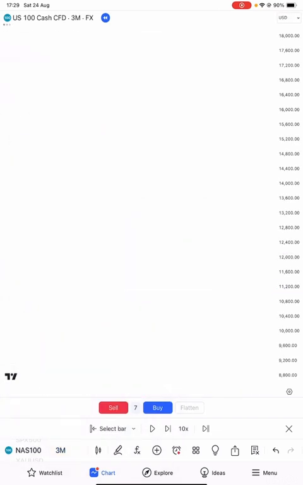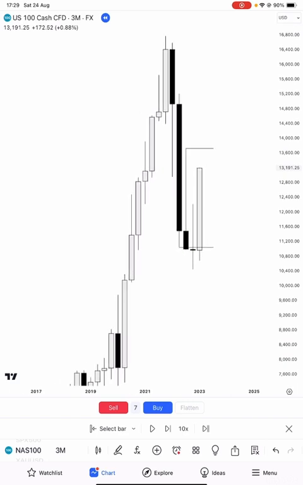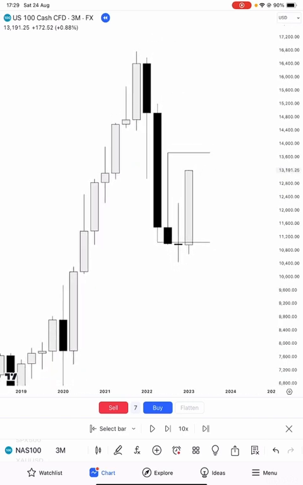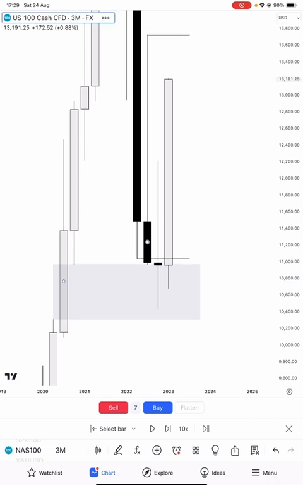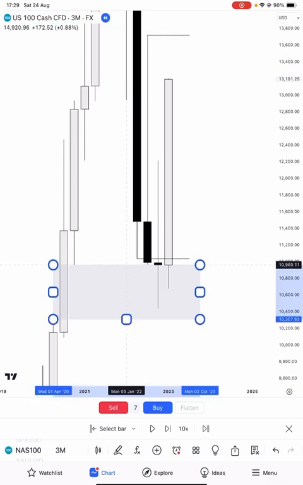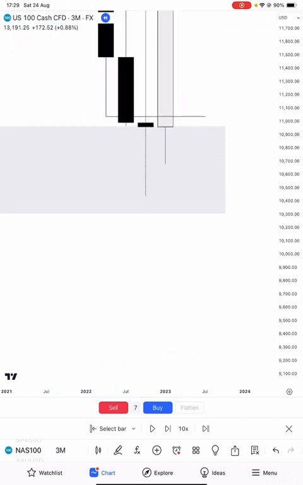into, I don't know if there is a PDRA on the left, but I suppose into, let's see, yeah, into a higher time frame PDRA, 3 months in this case, just below the range, see?